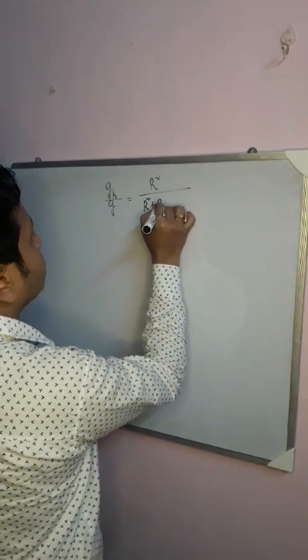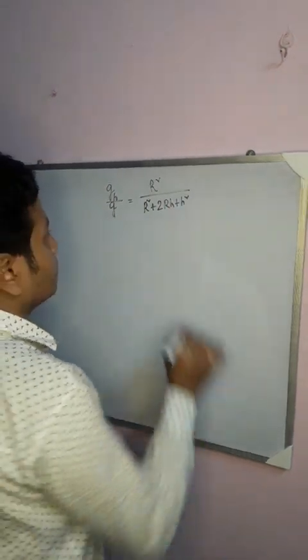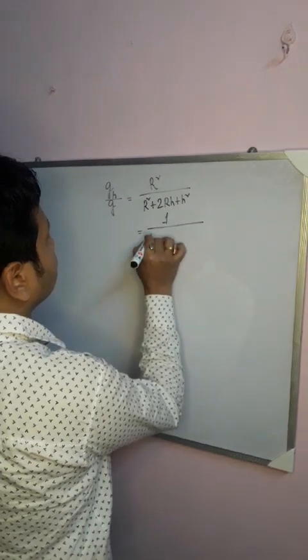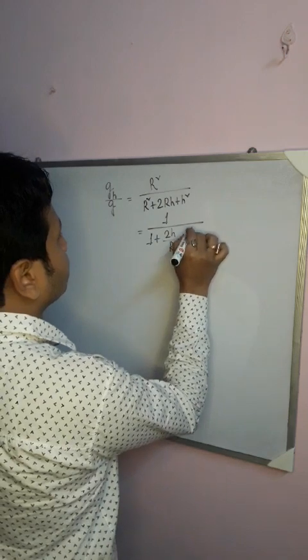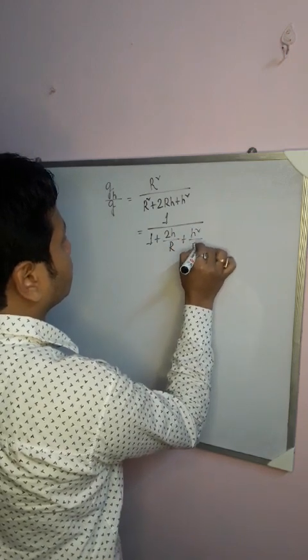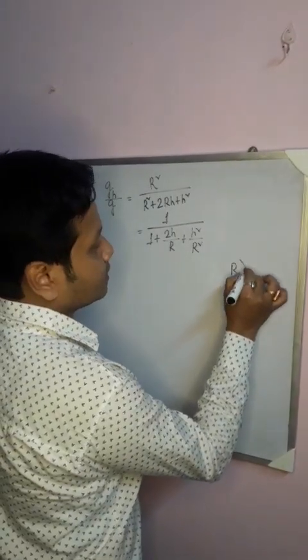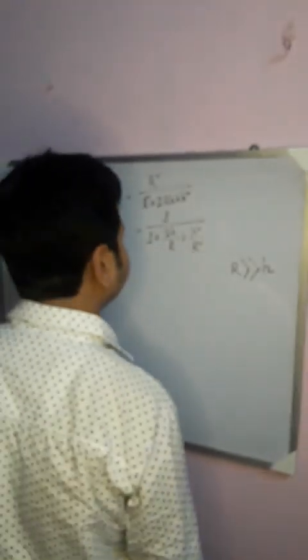That means R square plus 2Rh plus h square in the denominator. Now divide this by R square. So what we get is 1 by (1 plus 2h by R plus h square by R square). Now we have to use an approximation that the radius R is very much greater than the height h. Obviously this is true.